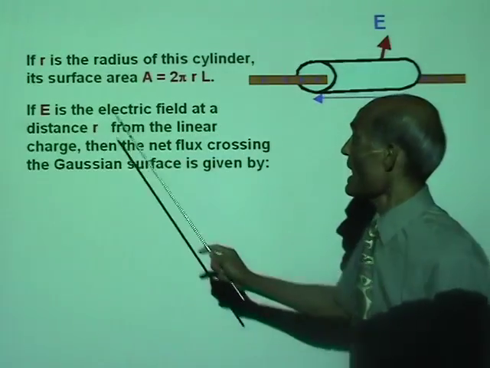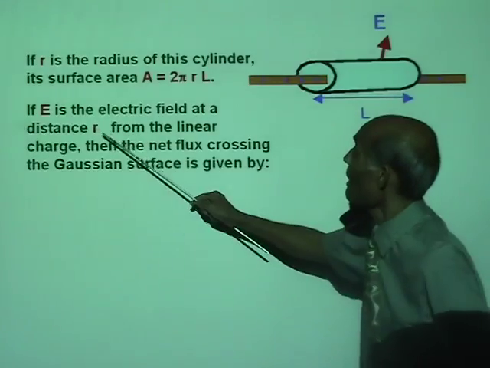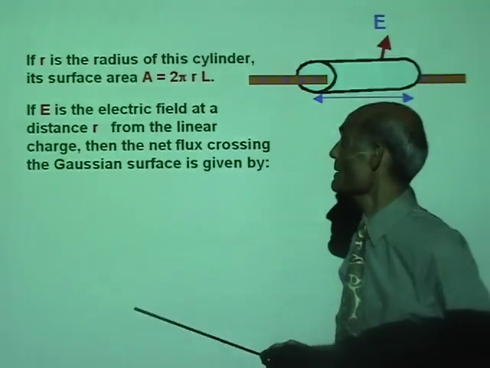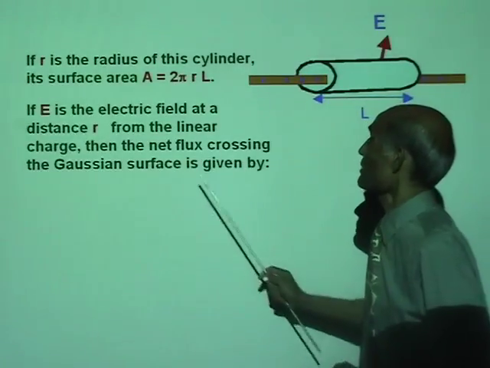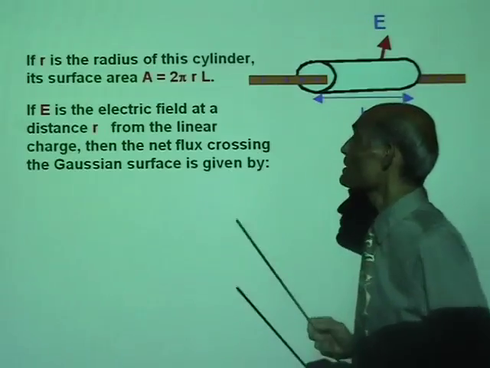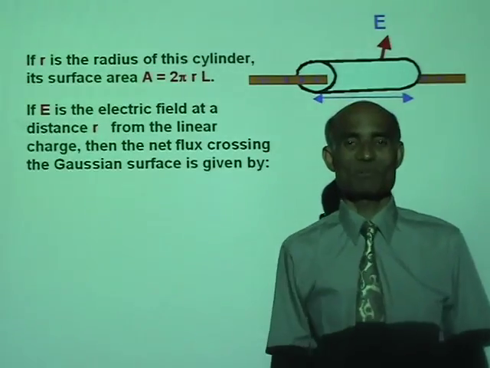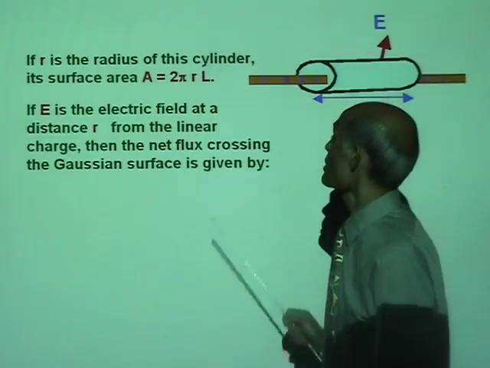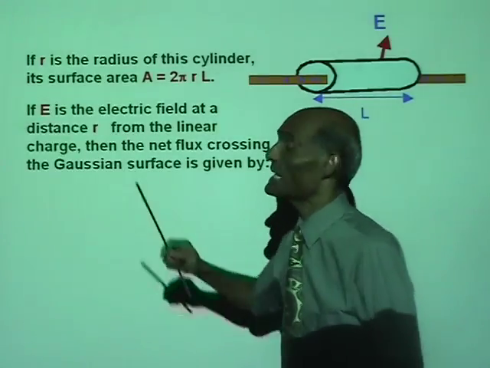Okay. Now, if E is the electric field at a distance r, which is the same as the radius of our Gaussian cylinder, from the linear charge, then can you tell me or write down in your paper, what is the net flux crossing the Gaussian surface if the electric field is E?